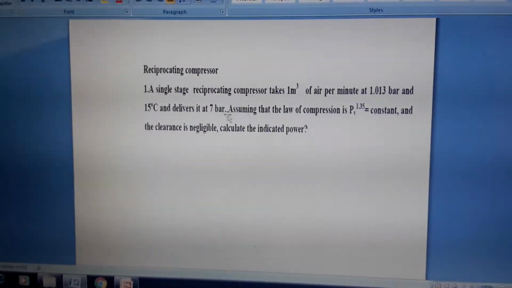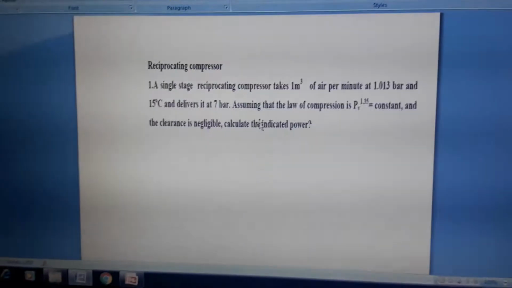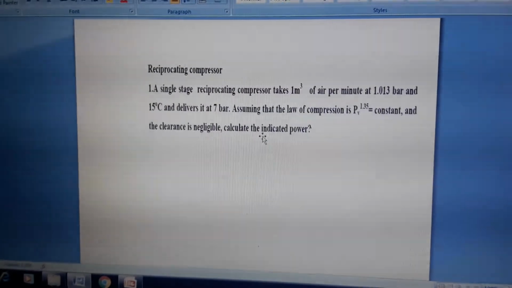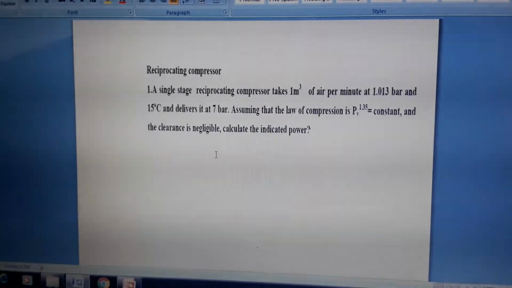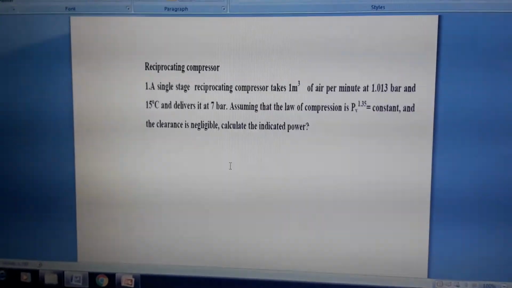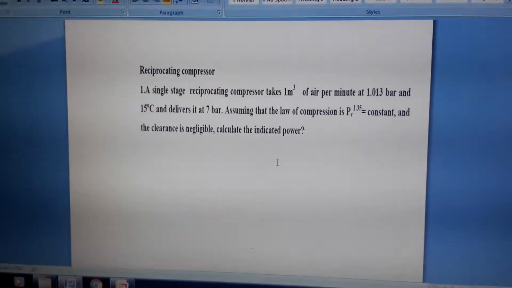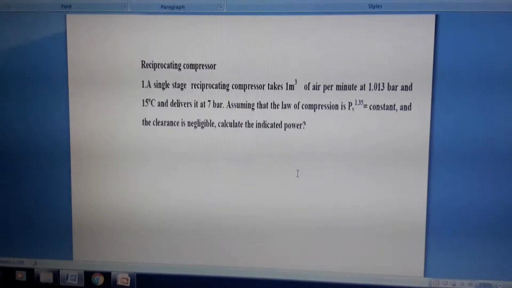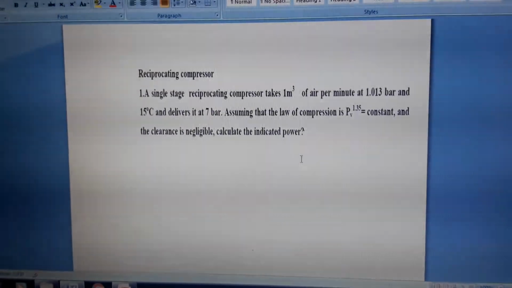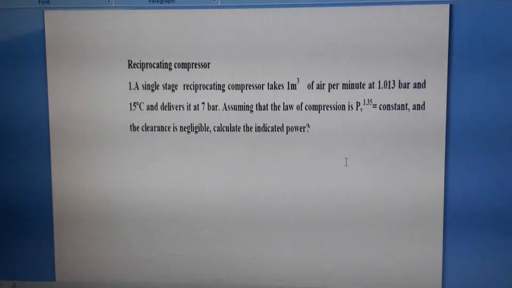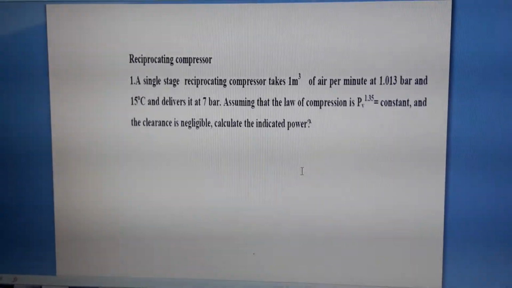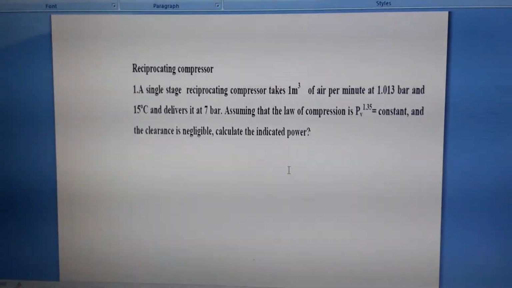So in order to find the indicated power, what is our expression? It is again for polytropic compression. So indicated work is equal to n upon n minus 1 MRT1 in bracket P2 by P1 raised to n minus 1 by n, minus 1. Or the same relation we can write, instead of MRT1 we can write P1 V1.